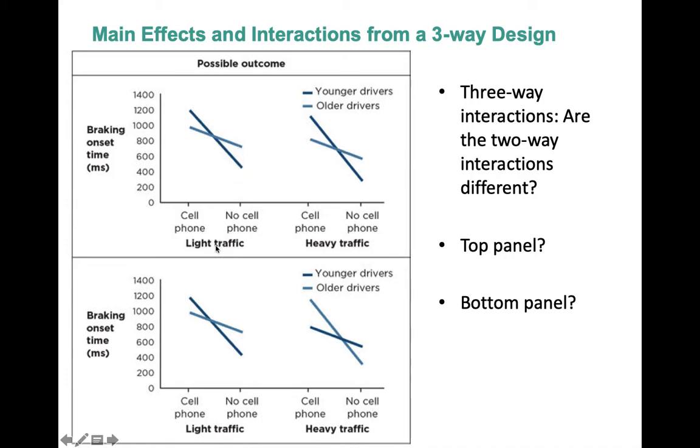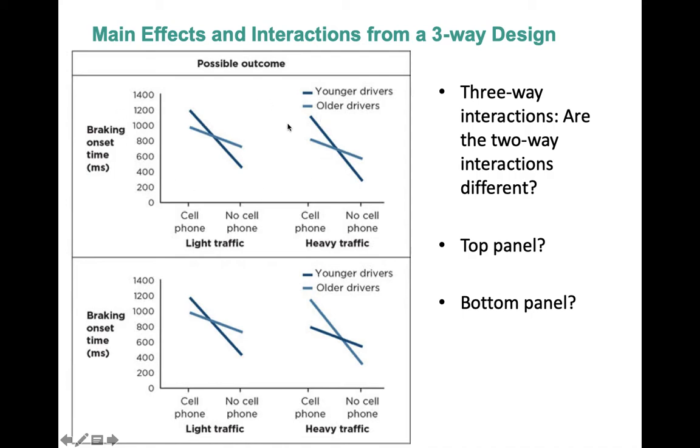And interestingly, you get that exact same pattern under heavy traffic. Younger drivers slower to brake when on the cell phone, but they're quicker to brake when not on the cell phone. So is there a three-way interaction? No, there is not in this top panel because the two-way interactions are the same. They don't depend on traffic condition.